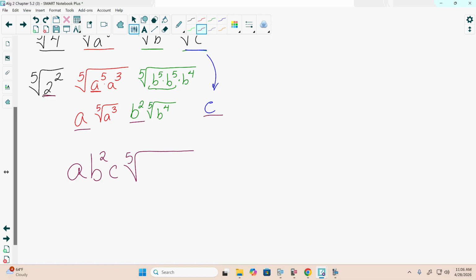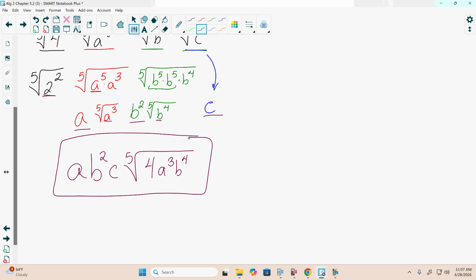With our first one, our number 2 squared was left inside, but we don't want to leave it as 2 squared. 2 squared is what? 4, so we'll leave the 4 inside. With our a's, we had 3 of them, so a cubed. B, we had 4. C, we didn't have anything. So our final answer is a b squared c times the 5th root of 4a cubed b to the 4th.